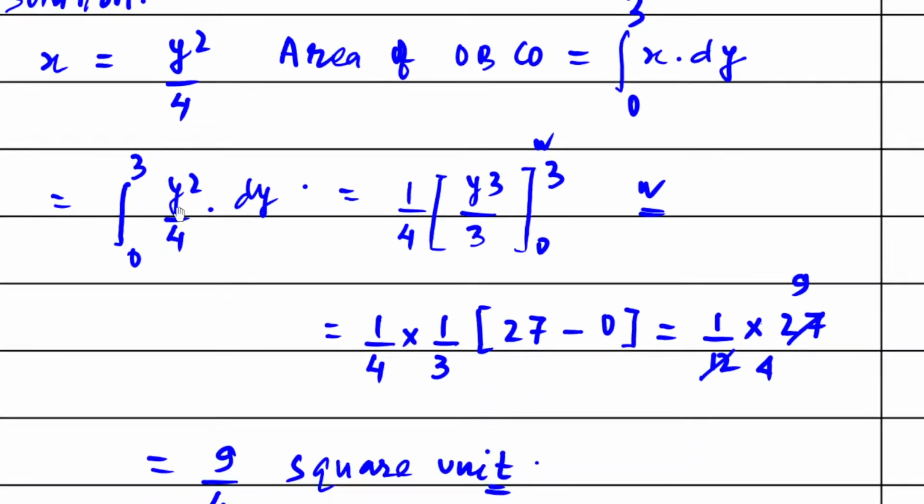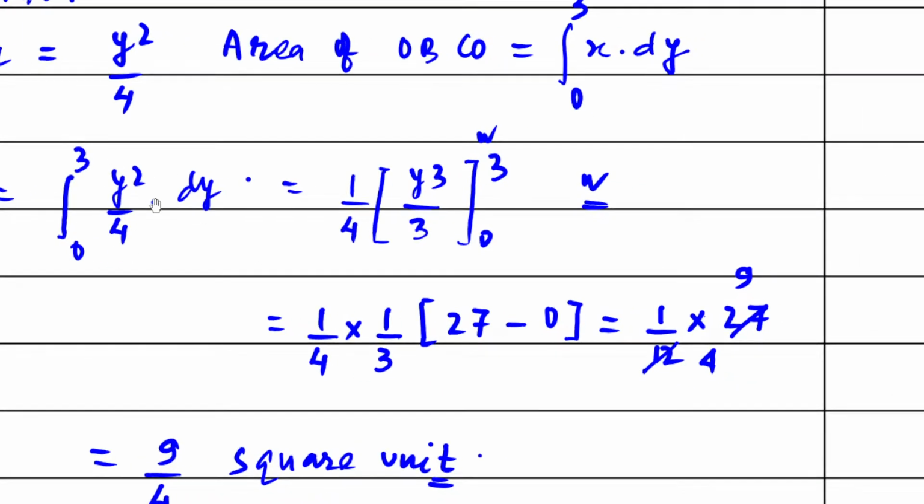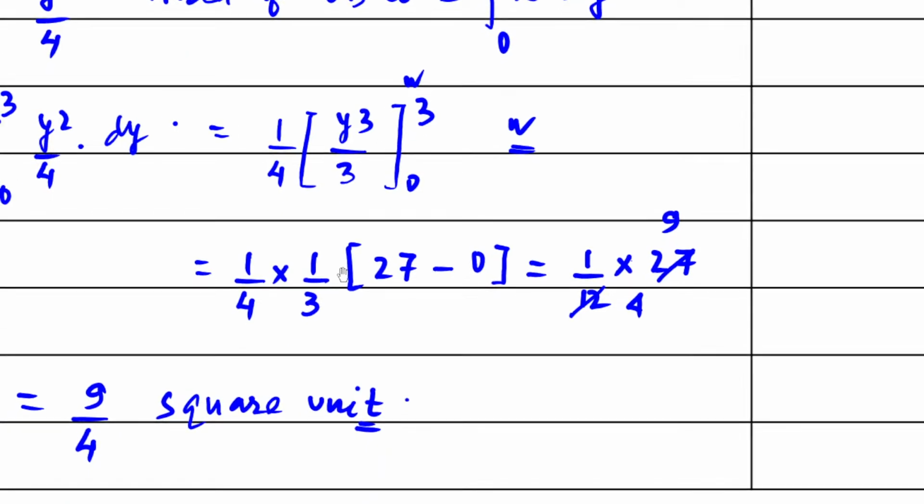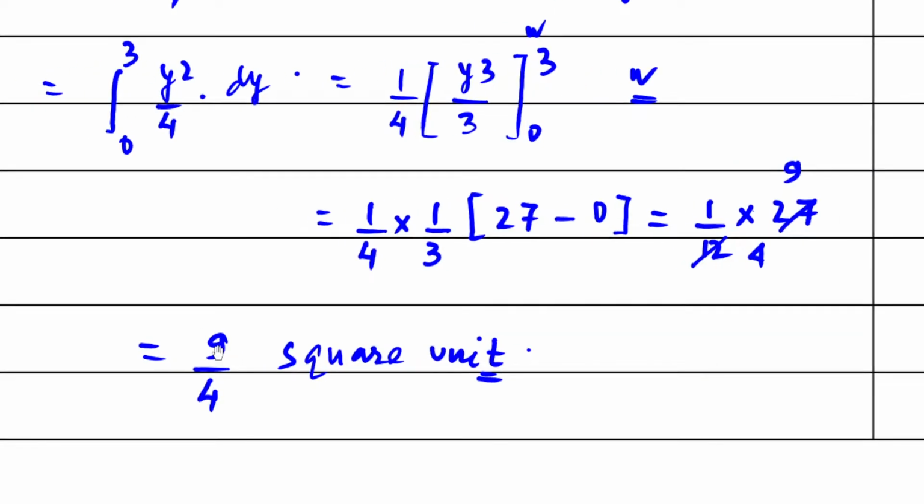So 0 to 3 of y square by 4 into dy. The integration of this part is y cube by 3, from 0 to 3. After putting the value of the lower limit and higher limit, we get 9 by 4.